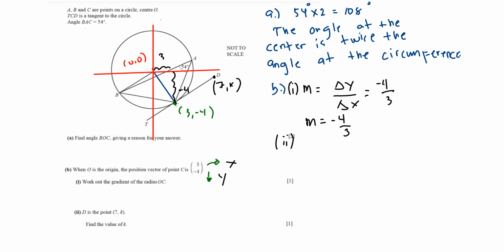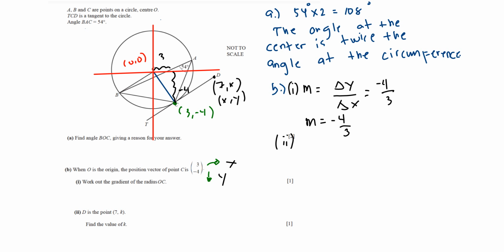So 7 is x, and k is the value of y. In order to find k, you must first find the equation of this tangent line, TC, and after that you can substitute 7 into the equation and find k, which is the value of y.